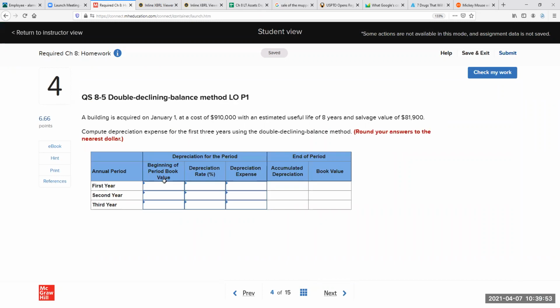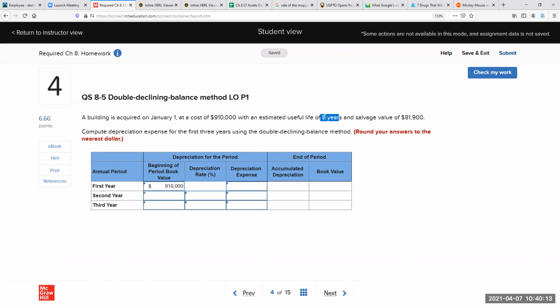Double declining. Now, double declining is beginning of period book value, and the book value is what you paid, times the depreciation rate. If the useful life is 8 years, double declining balance means twice the straight line.